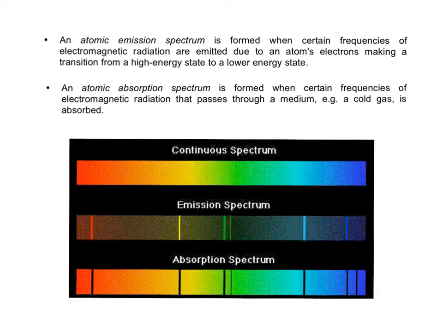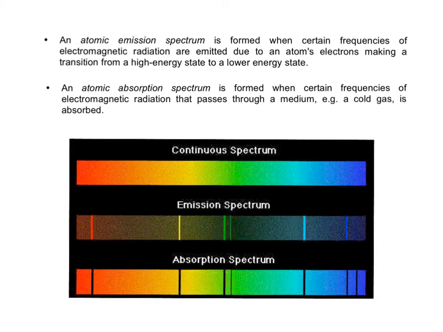So when it comes to atomic absorption spectra, they are defined as follows. They are formed when certain frequencies of electromagnetic radiation that passes through a medium, for example a cold gas, are absorbed. So if you look at this emission spectrum, here light is given out by the light source, but not all colors of light, only specific bands of light are given out, whereas here a continuous spectrum of light is missing certain bands of light.